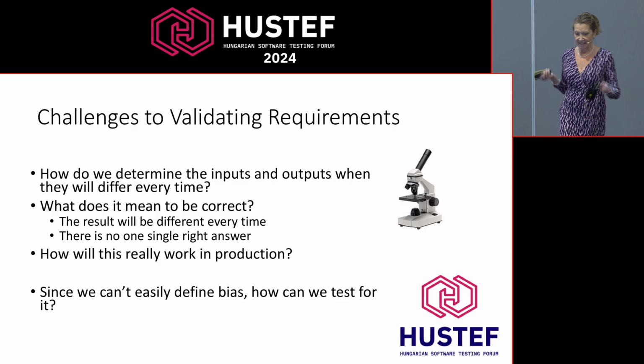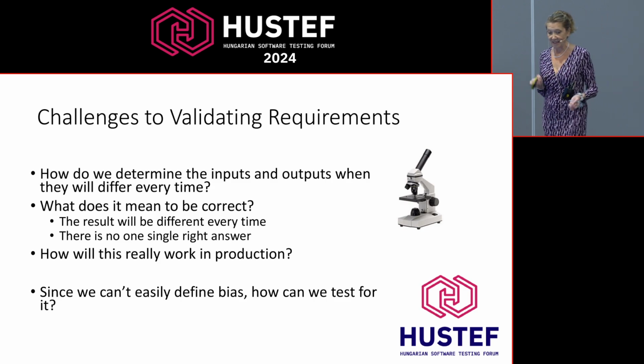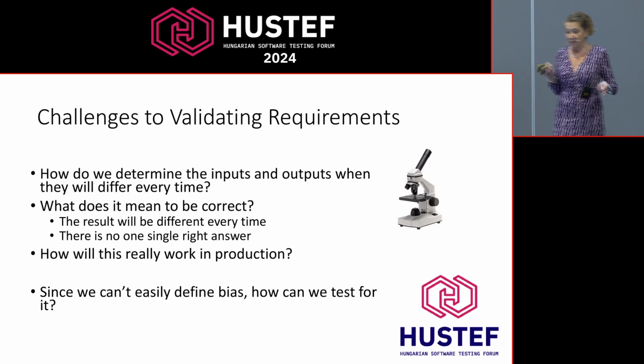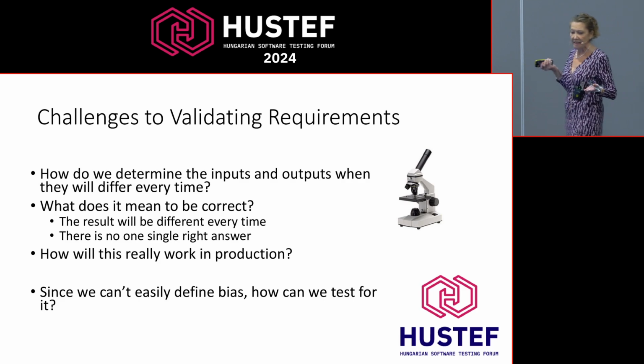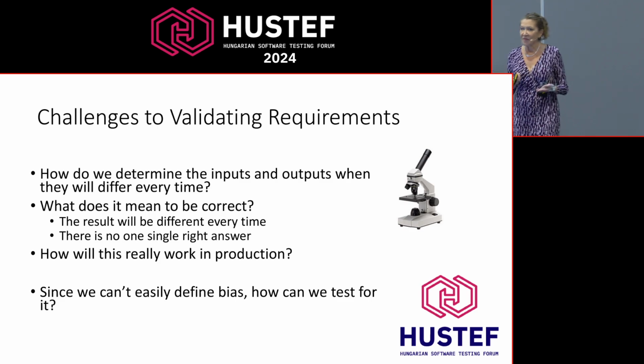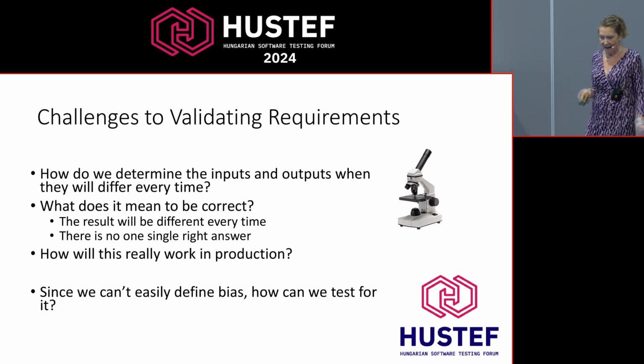So now let's get into the testing. Well, the challenge is validating the requirements. The thing is, our requirements can be changing. How do we determine what the inputs and outputs are? What does it mean to be correct? We have to be able to live with the uncertainty that our answers may not be exact. They're just going to be good enough.